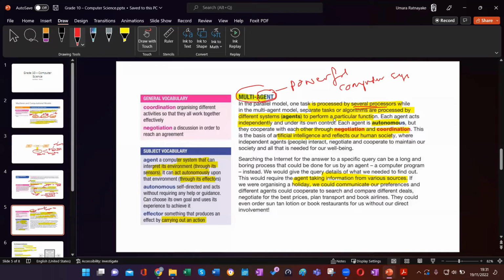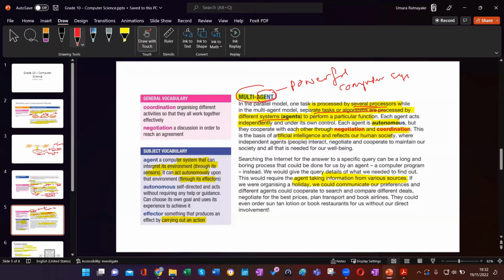And in this, separate tasks or algorithms are processed by different systems. Earlier, what we saw was one program involving a lot of processes, and these processes were distributed among the cores. But here, major tasks are spread across powerful computer systems around the world.